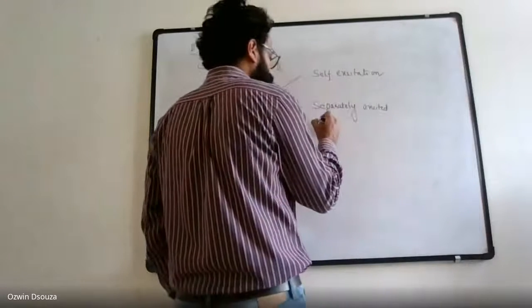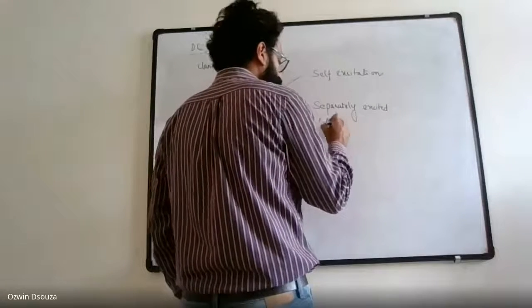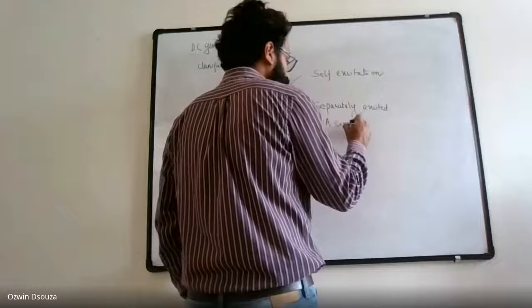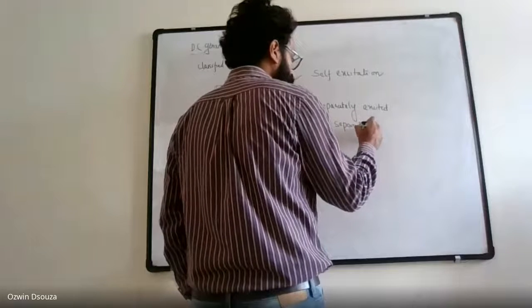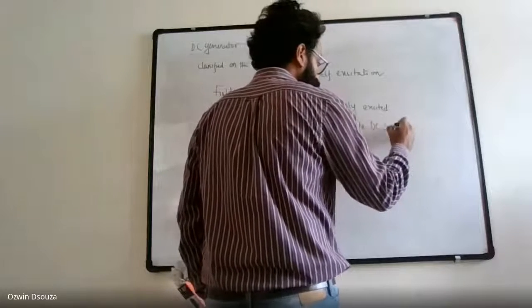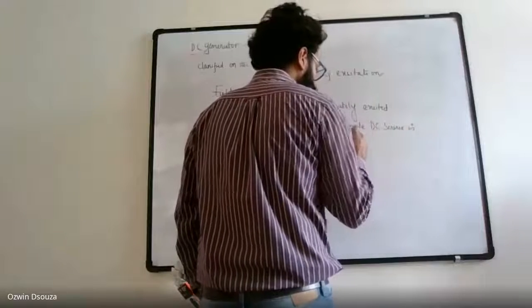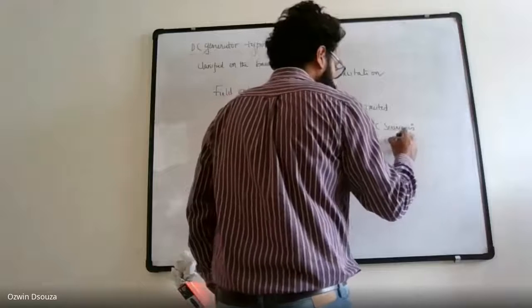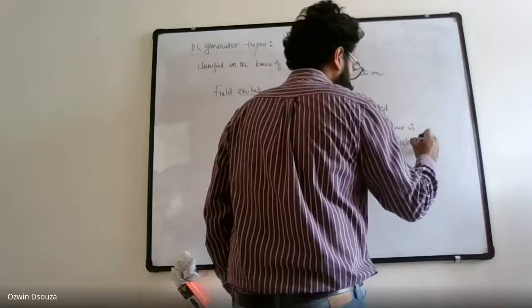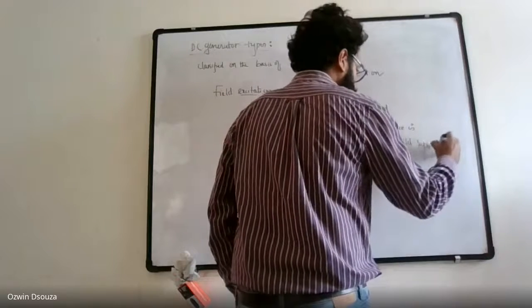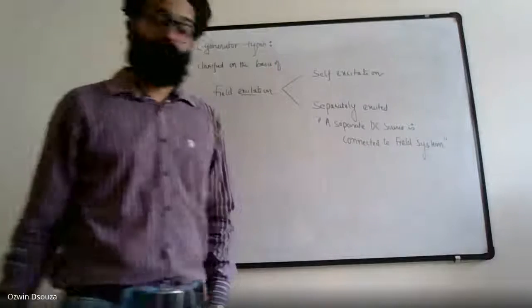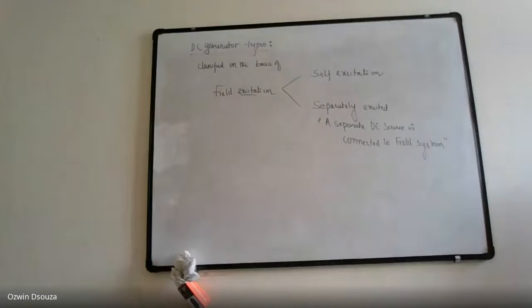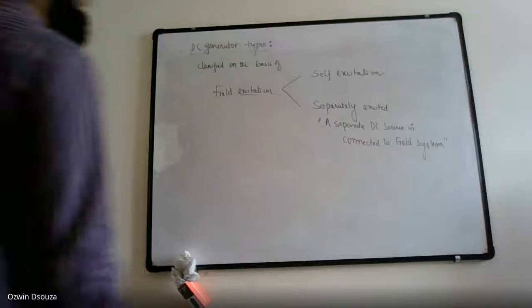Now, separate excitation means a separate DC source is connected to the field system. In the beginning, I said that in case of practical DC generators, we use electromagnets, right?